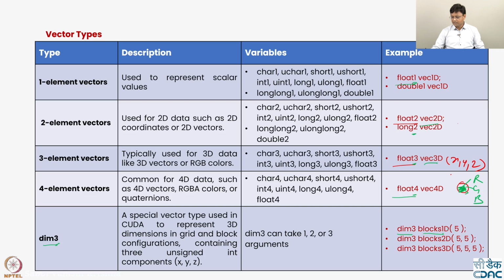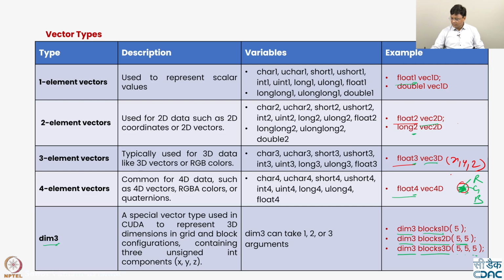That means you can say it is one directional, one dimension. If you declare blocks2d with 5 by 5, it is 2 dimensions. Then I use dim3, with variable name blocks3d, and I am passing 3 values to this variable. So, that means this is 3 dimensional.